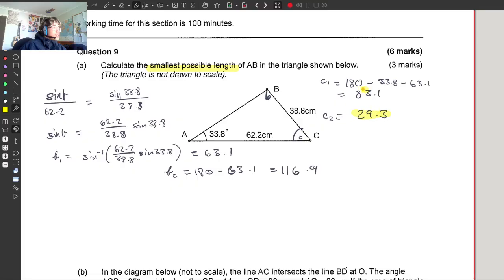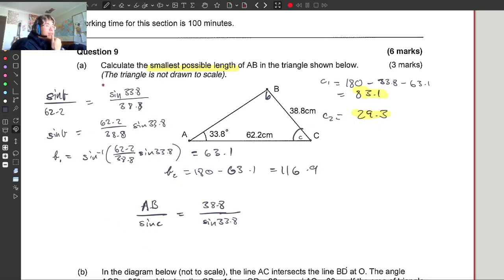So now we've got these two possible values and we need to find the smallest possible length of AB. Since we've got the opposing angle of this side, we can use the sine rule again to find the length of AB, which we can state as AB on sine of C is equal to, let's use the one that we had before, 38.8 over sine of 33.8.